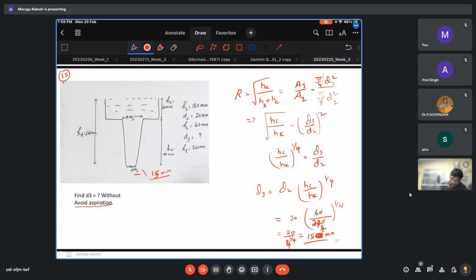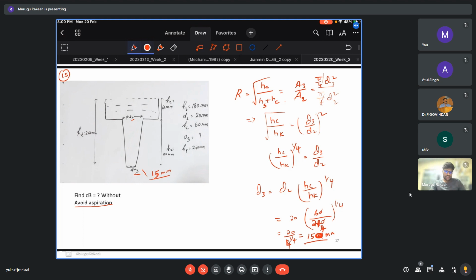So this will be 15. So are you getting 15 mm as D3?